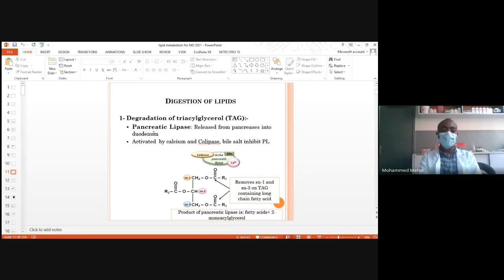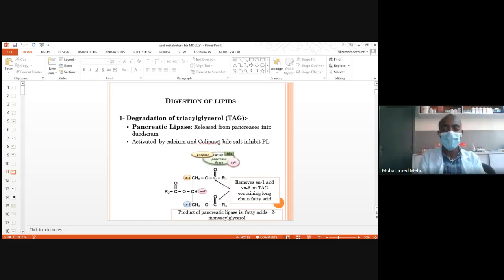The first part is called the duodenum. We'll have pancreatic lipase digestion in the first part of the small intestine. Pancreatic lipase is for the degradation of triacylglycerol. This enzyme is activated by calcium and the colipase enzyme.